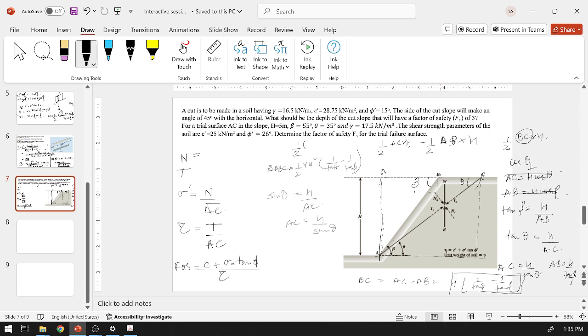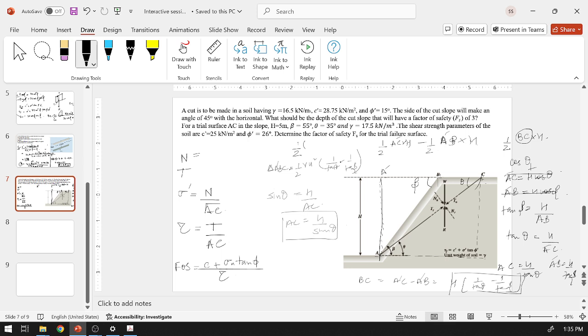Let's call this A dash, because this is getting confusing now. This is not that A, this is A dash. Okay, this AC is h by sine theta.